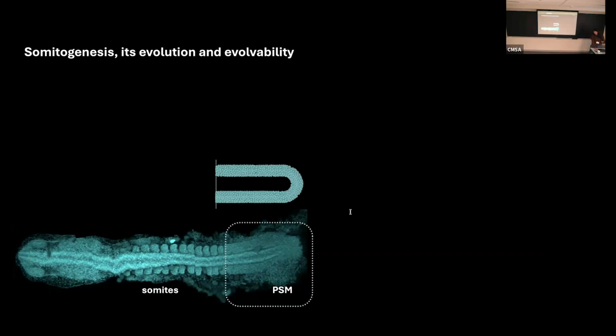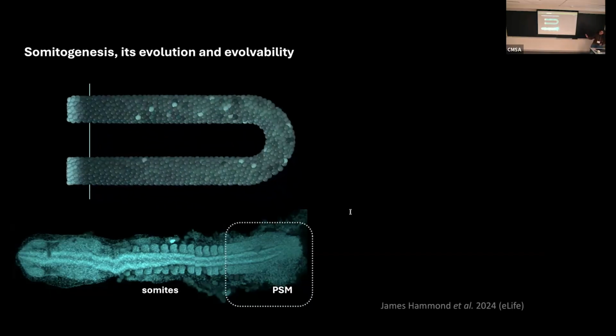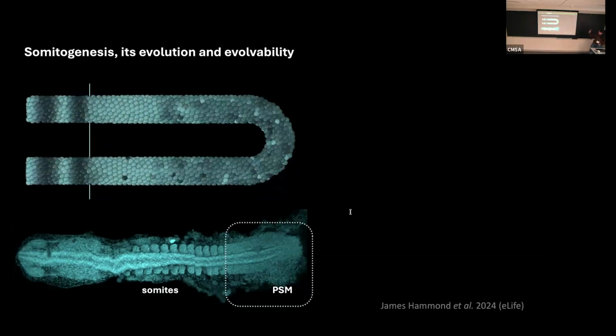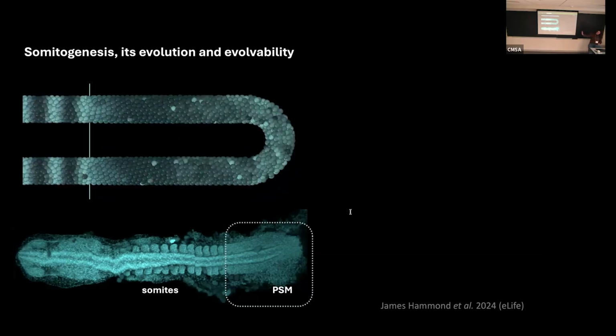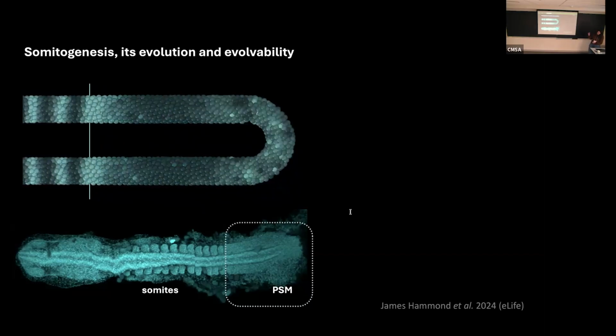Idealizing this process, you've got these traveling waves of gene expression that propagate from the posterior to the anterior of the PSM, where they come to specify the somite boundaries as the tissue elongates.